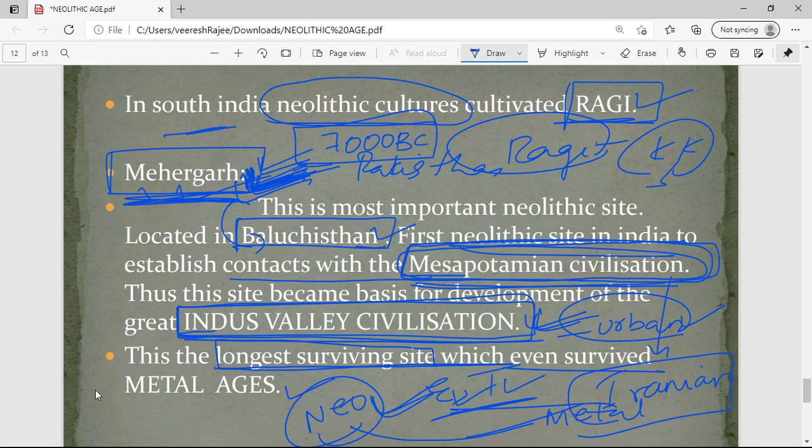In our future classes we'll learn about the Bronze civilization, and we'll even learn about the Chalcolithic age and Iron Age. So Bronze Age, Chalcolithic Age and Iron Age were survived by it. That is the reason why it is considered as the longest surviving site.